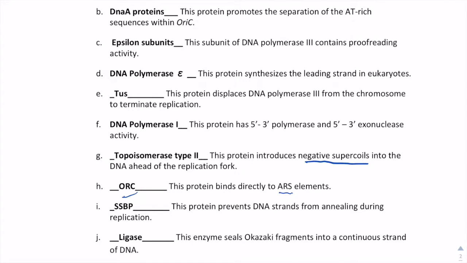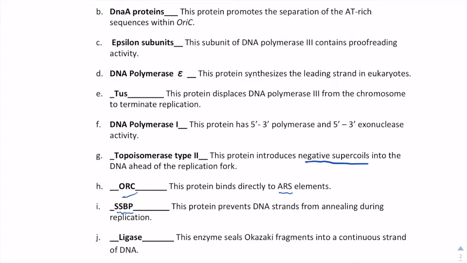We learned that from the reading. And then the SSBPs, these proteins prevent DNA strands from annealing during replication. So it's the single-stranded binding proteins. They just prevent the DNA from recollapsing and rebinding on itself as the helicase unwinds it.